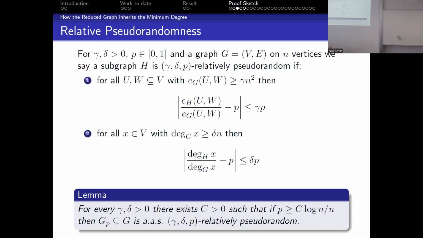Okay, and this is something that we came up with to describe the relationship between a host graph and the random subgraph.